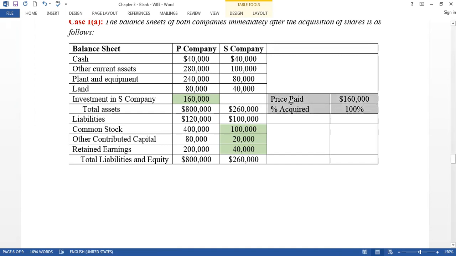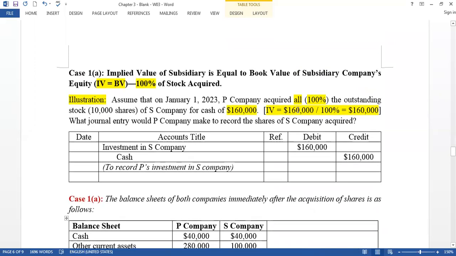Based on these two pieces of information, we have to calculate the implied value, which I already explained here.